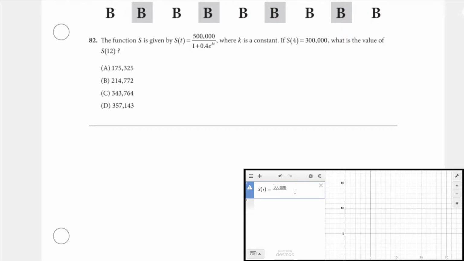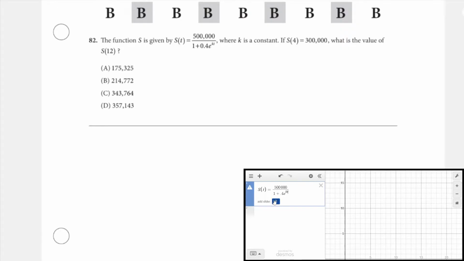Okay, so S of t is 500,000. It's also not going to like it if you type in the comma there. 500,000 over 1 plus 0.4 e to the kt, where k is a constant. Okay, if S of 4 equals 300,000, I'm trying to think how I would use the calculator.